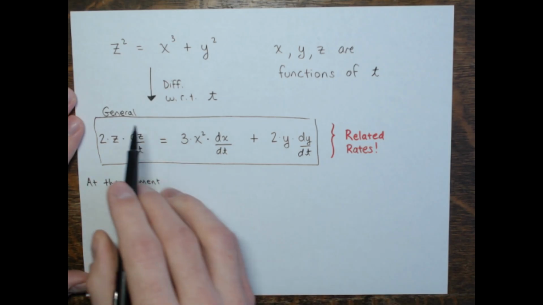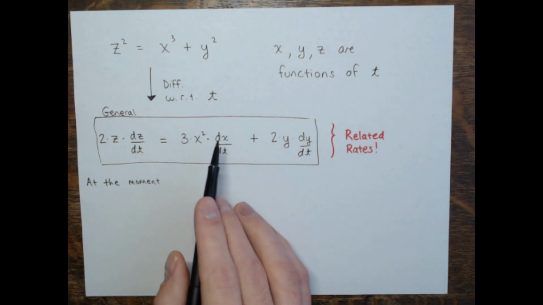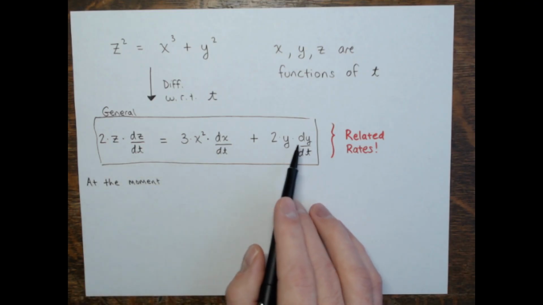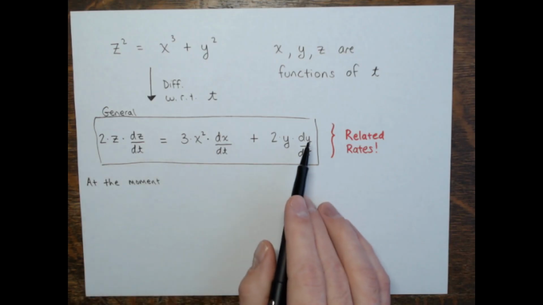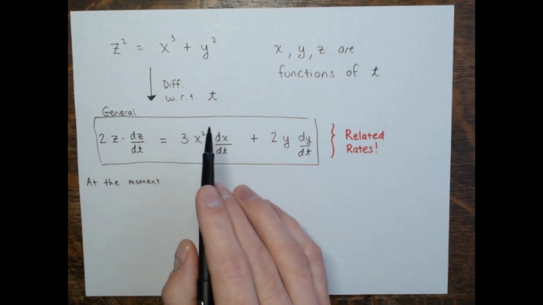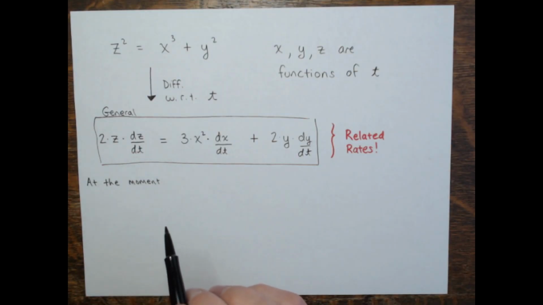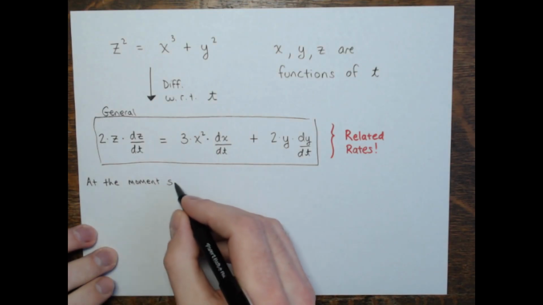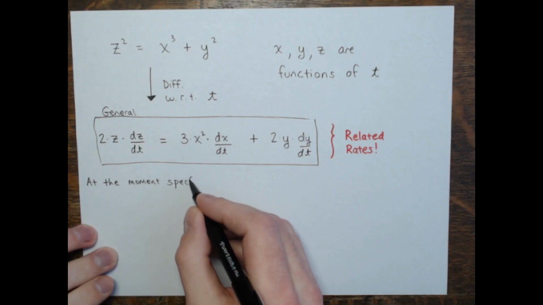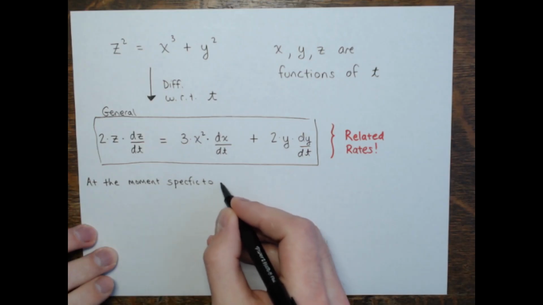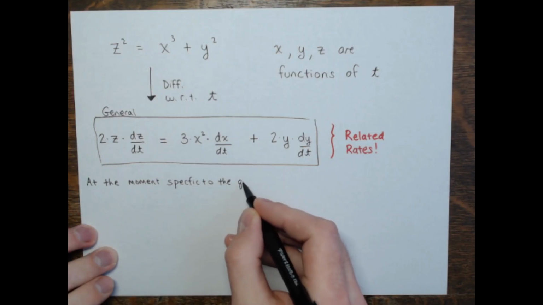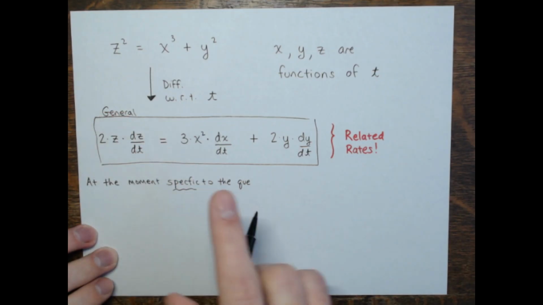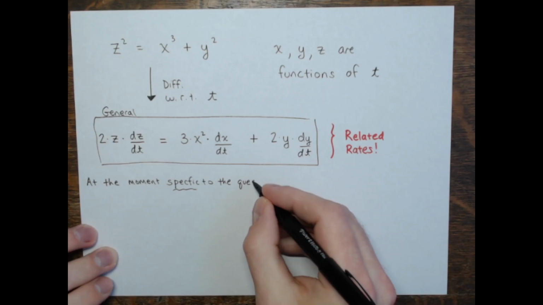This is telling us how x and y and z and x prime and y prime and z prime are all related to each other at any moment in general. And then we go to the moment specific to us, to the problem, to the question. So start general and then plug in the specifics afterwards.